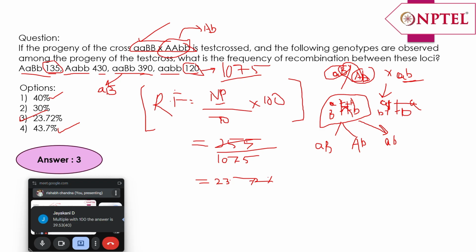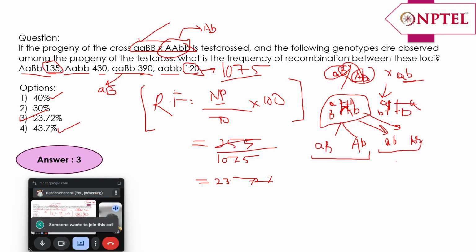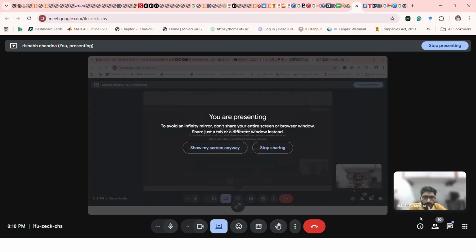The other non-parental gamete would be capital A and capital B, because of the crossing over. So these are the parental gametes, and these are the non-parental gametes formed from the crossing over.